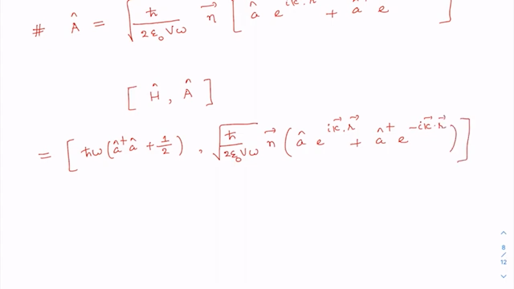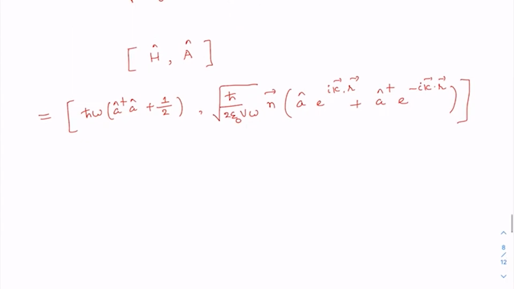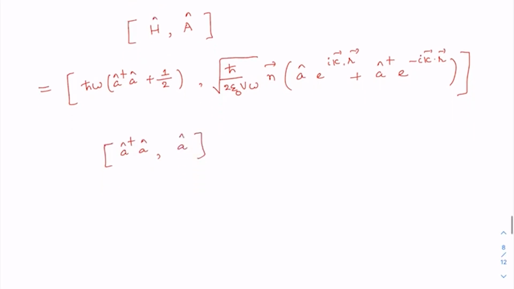Actually, essentially this problem is just to find the commutation relation between a†a and a, and also a†a with a†. So we have to just find out these two expressions, and then you'll be able to work it out very simply.